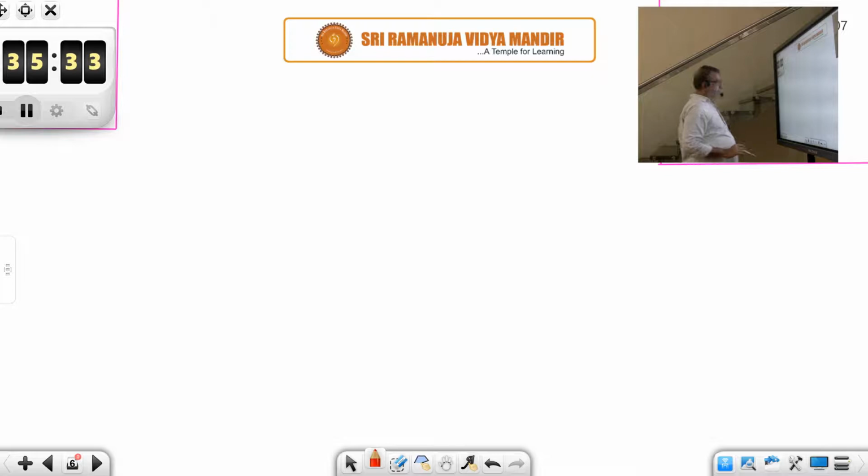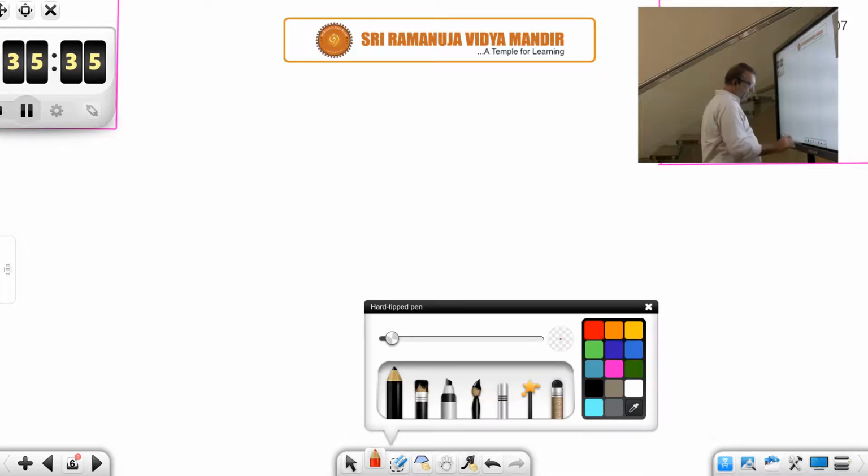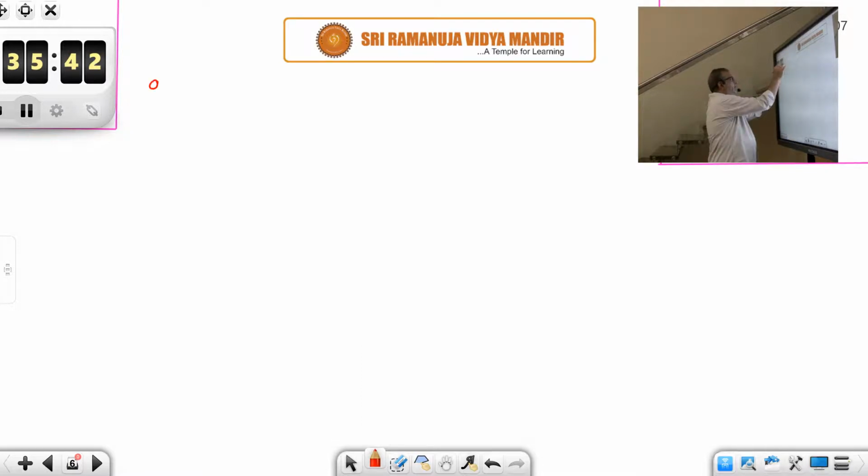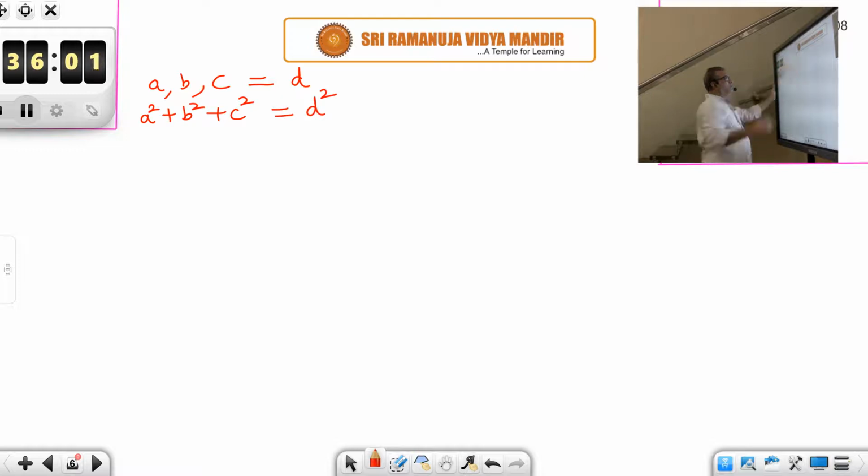Let us go forward and see. We have to find numbers A, B, C such that A, B, C is equal to D. If I say A, B, C is equal to D, what I mean is A square plus B square plus C square is equal to D square. A, B, C must be natural numbers.